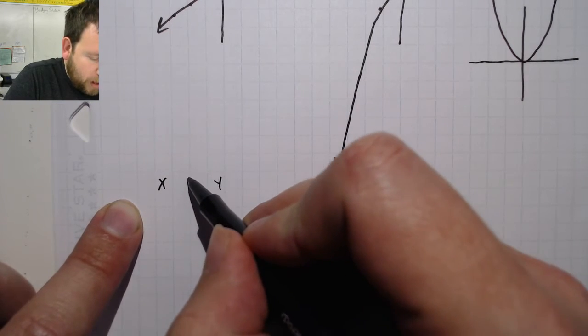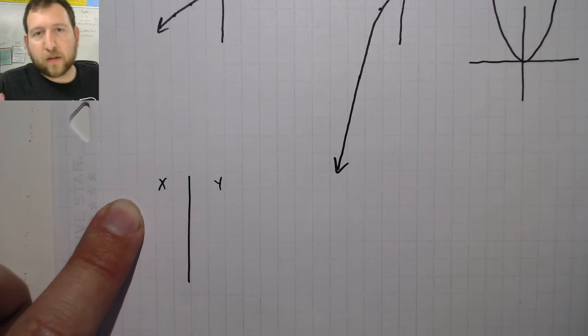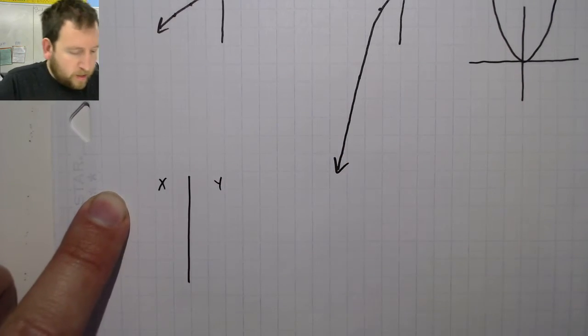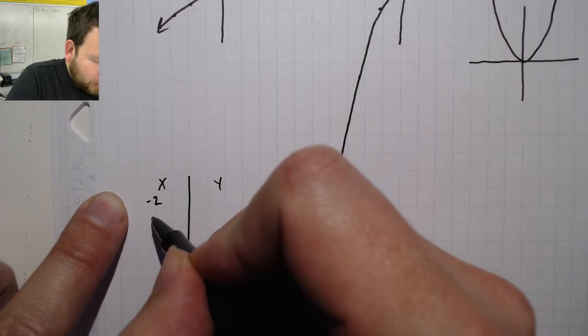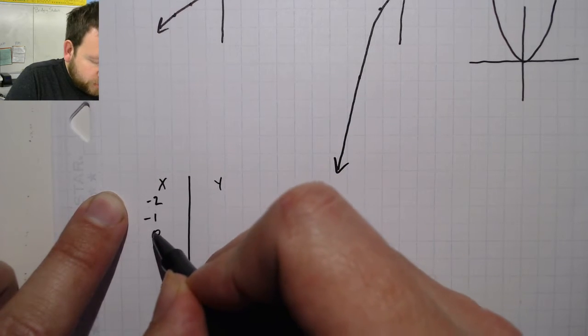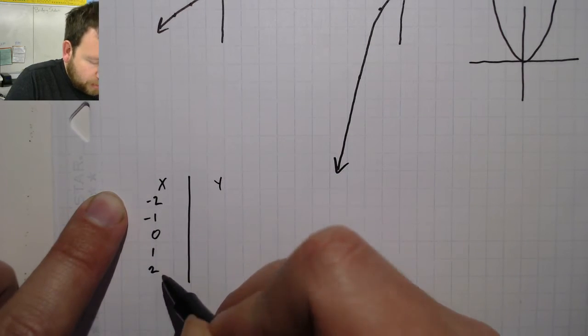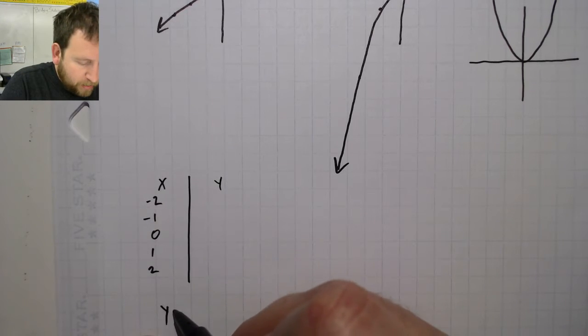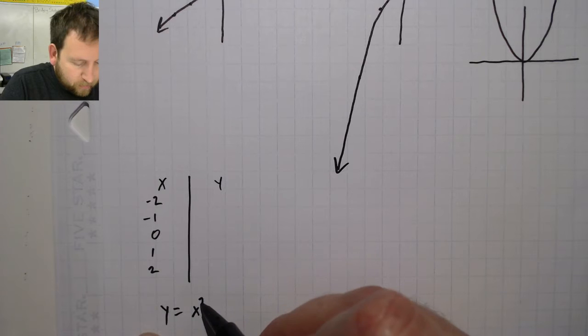The numbers that I'm going to try are -2, -1, 0, 1, and 2. And the rule that we're going to use for this table is y equals x squared.